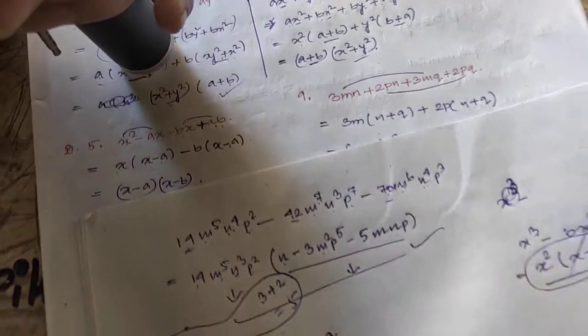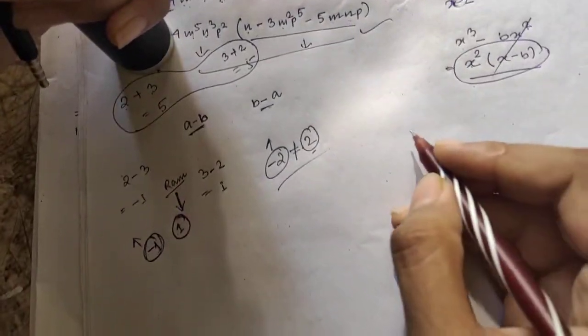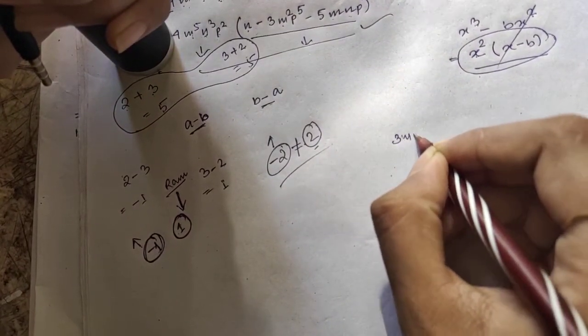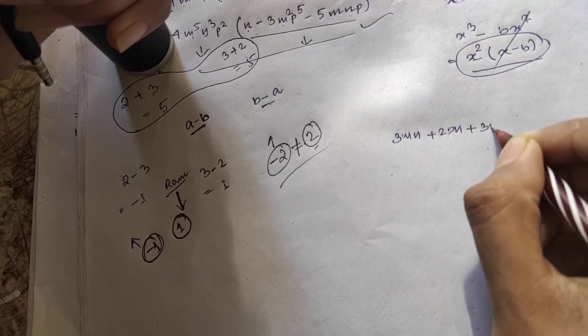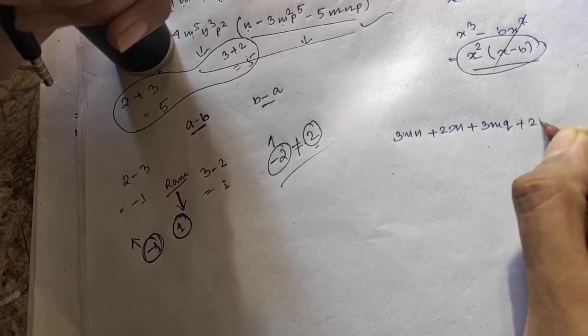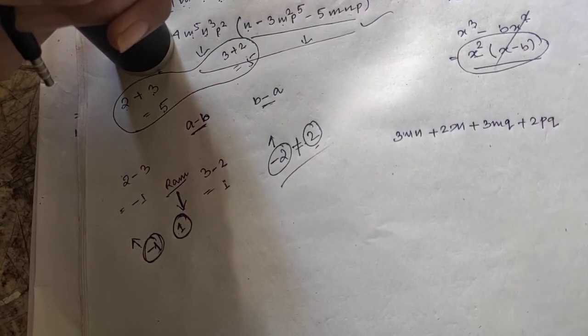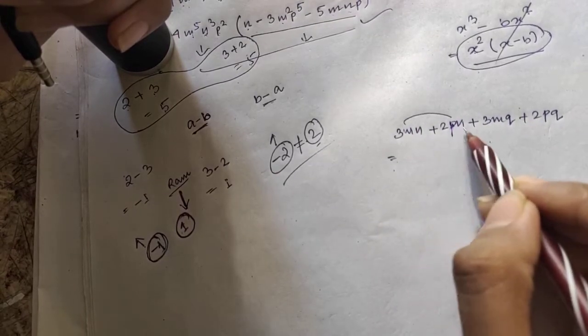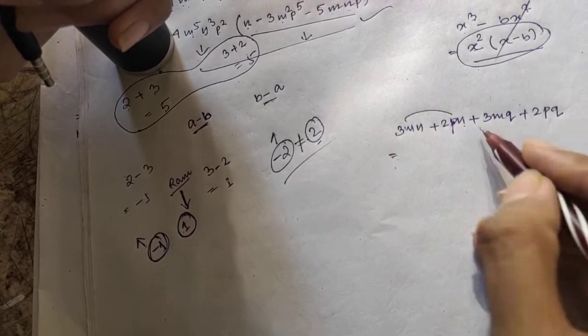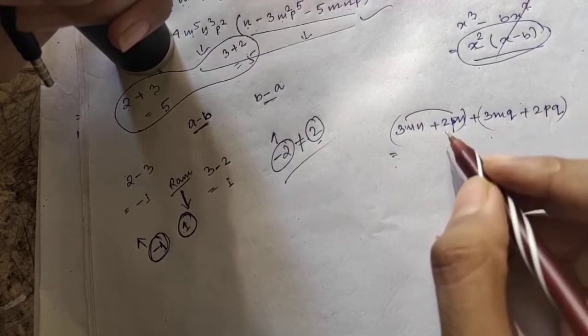This one you see once. 3mn plus 2pn plus 3mq plus 2pq. In this also n is common, so without arranging the terms you can check.